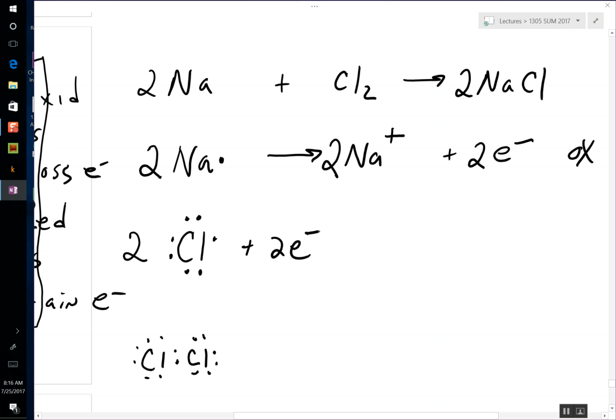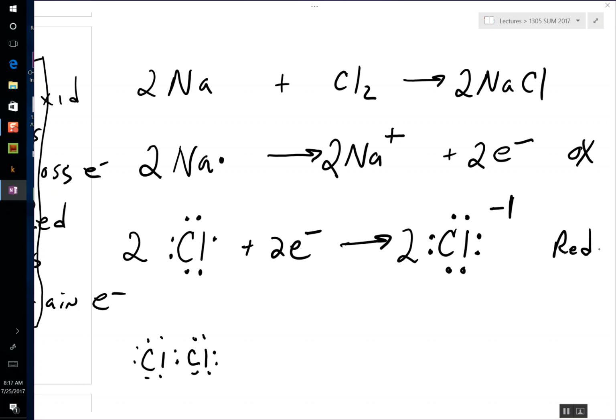Well, if you take 2 electrons here, they each gain an electron. You get 2 chloride ions. They're gaining an electron. That's reduction, or being reduced. And if you look at the charges here for a minute, this thing has no charge on it.